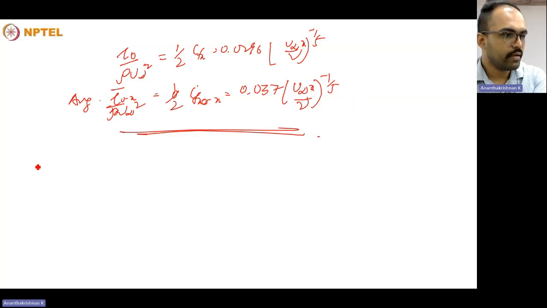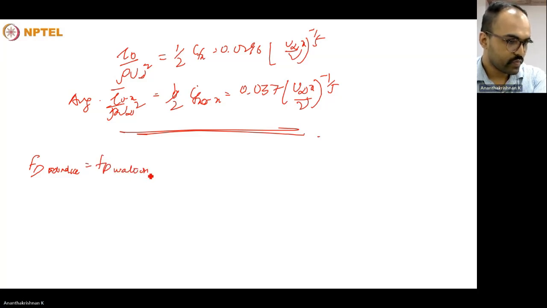So then coming back to our problem, the drag force due to wind on ice is equal to the drag force of water on ice, that will be shear stress average into area on top equal to shear stress average of water into area.